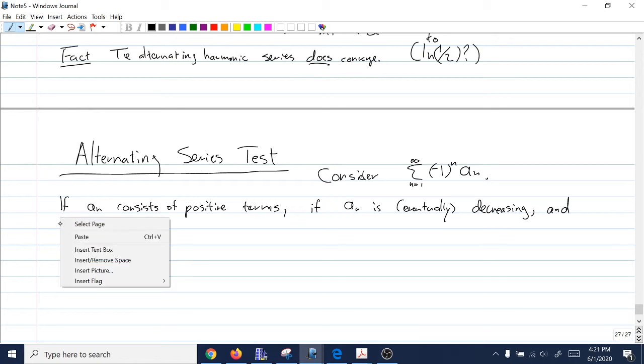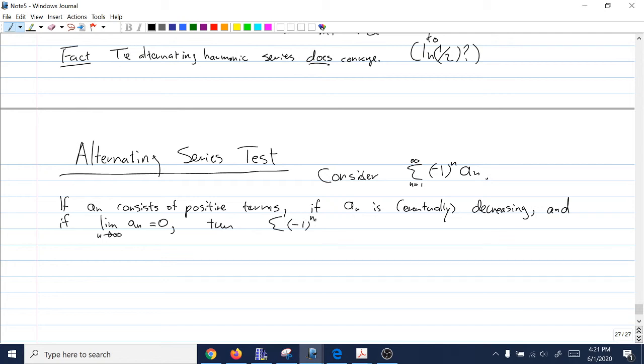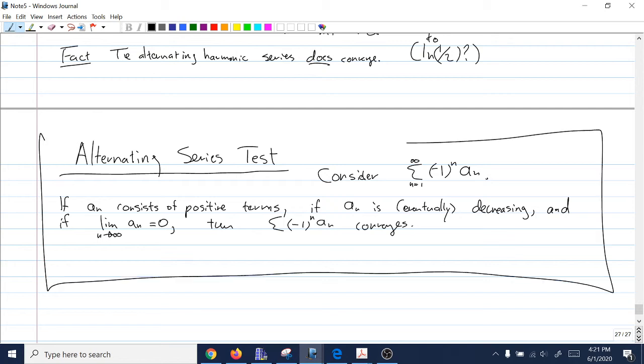And if the limit of AN is 0, then the sum of -1 to the n AN converges. This is the alternating series test.